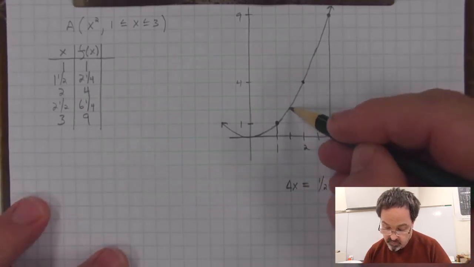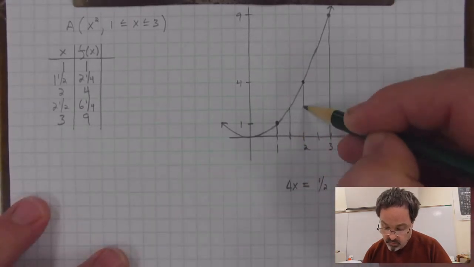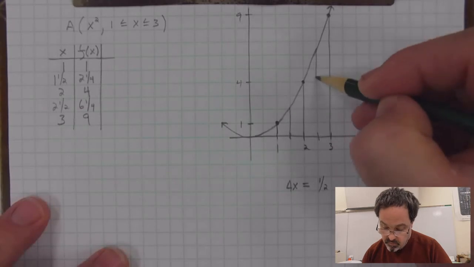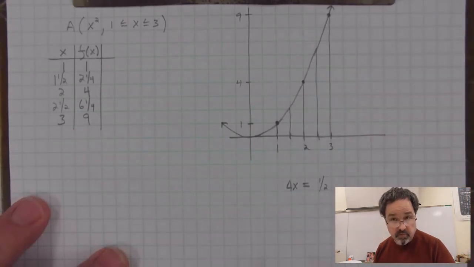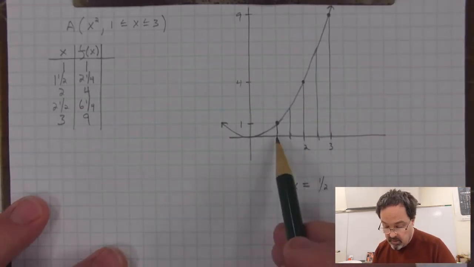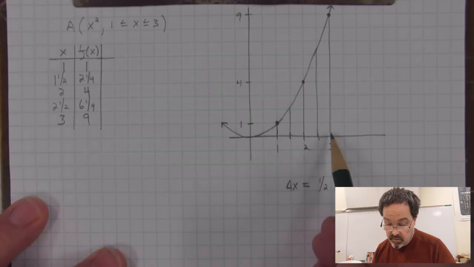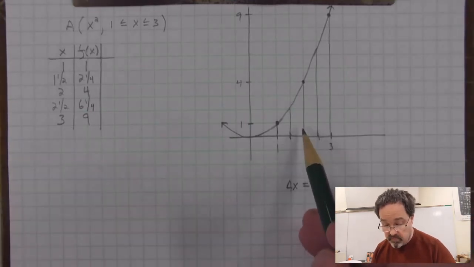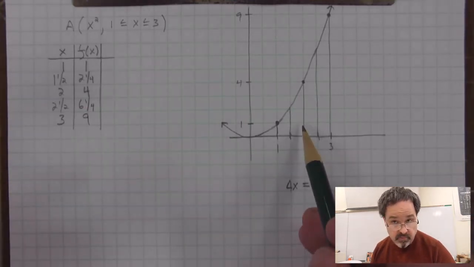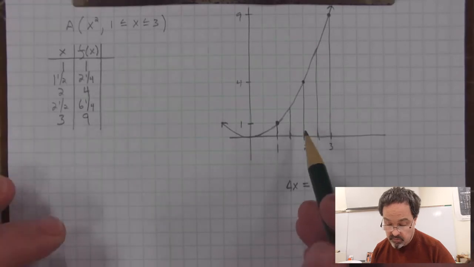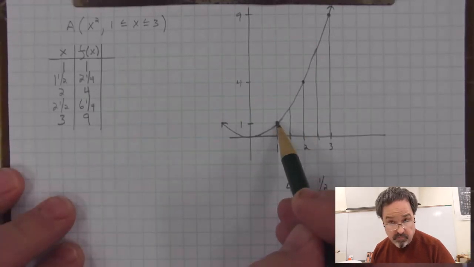And the heights of the rectangles are going to be found at function values. If I draw vertical lines at each of these locations, then I've drawn the sides of my rectangles. The heights of the rectangles will be established at function values.